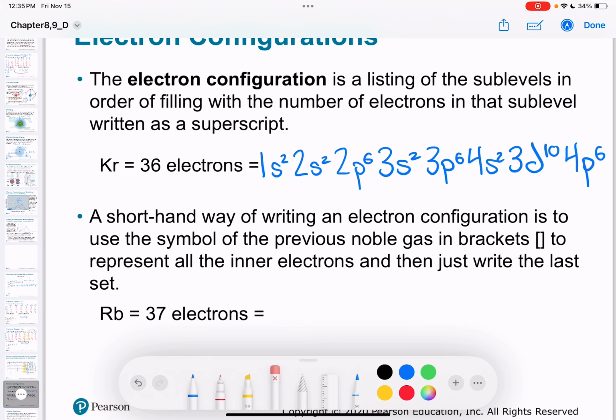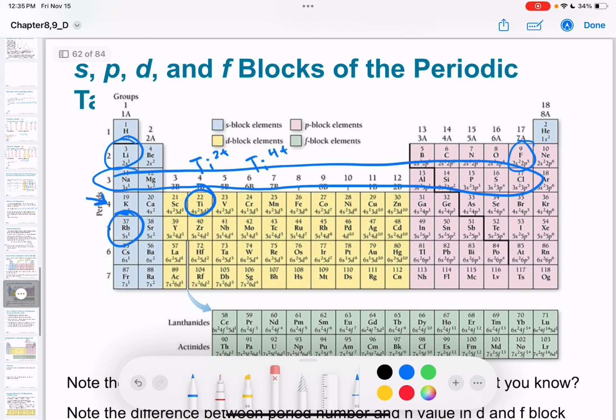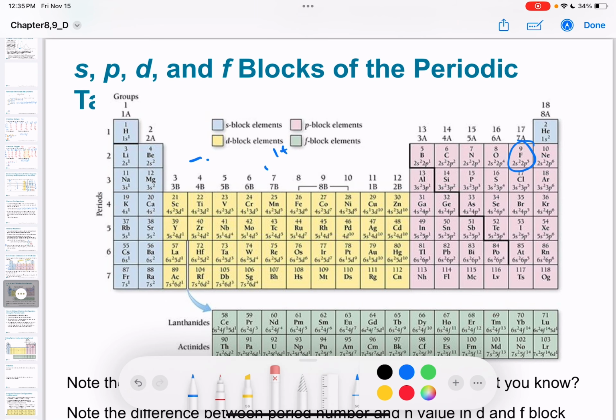All right, so let's look at where rubidium is on the periodic table. Okay, here's Kr, here's Rb, so it's one more electron.